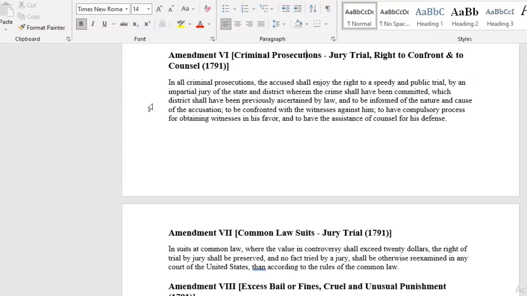So we need to understand exactly what the Constitution says so that we can make sure that our courts run smoothly and that they operate in the interest of justice and in our favor as the civilians in this country, as the people.